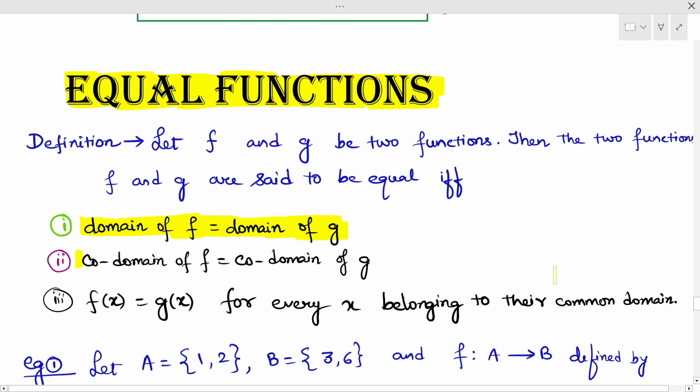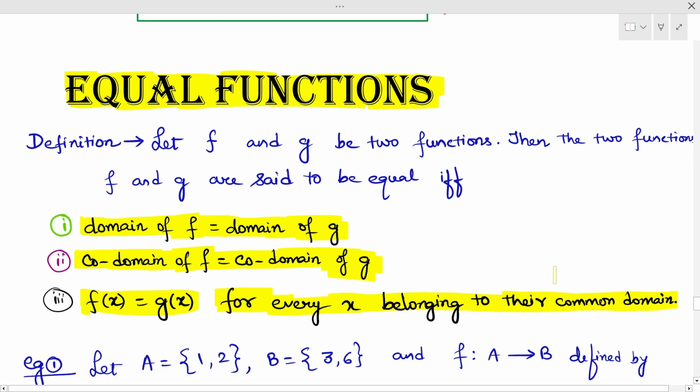Next, the second condition is the codomain of the function f must be equal to the codomain of the function g, right? And the third condition is f(x) equals g(x) for every x belonging to their common domain, right? This is the definition part.